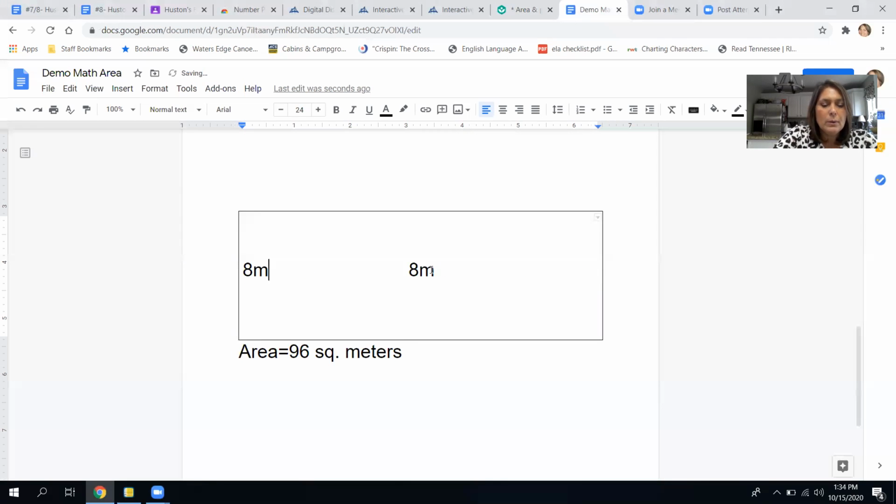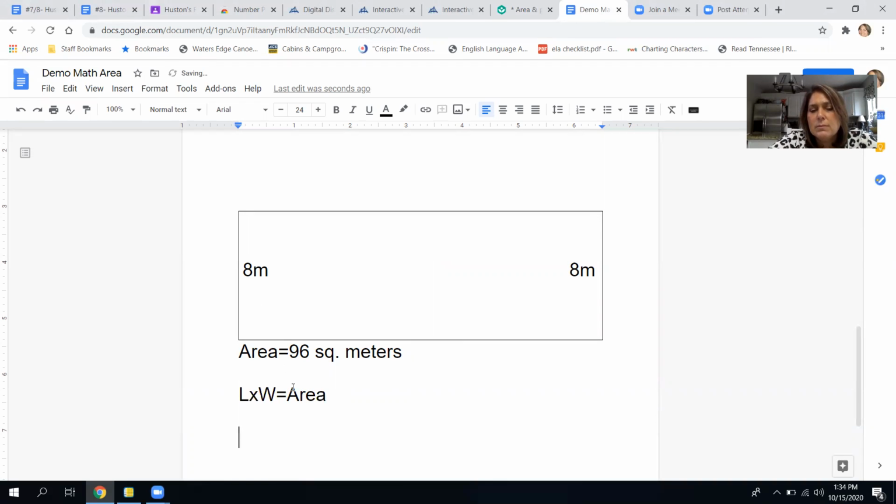So we know that area is achieved by the formula length times width, right? Well, we don't know the length. All we know is the width, and the width is 8. But we can plug in the other information, right?